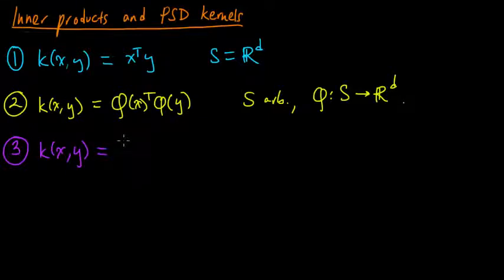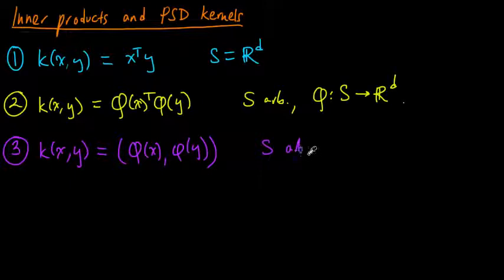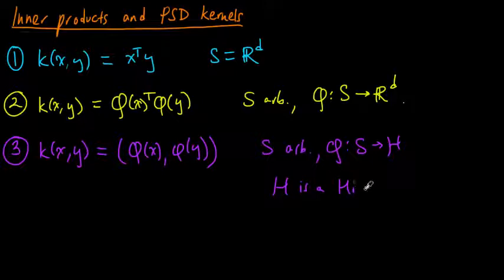We can take the inner product of phi of x with phi of y, and here S is again some arbitrary set, and phi is now a function from S to a Hilbert space H. So H is a Hilbert space, named after David Hilbert, with inner product denoted by this parentheses taking two arguments.